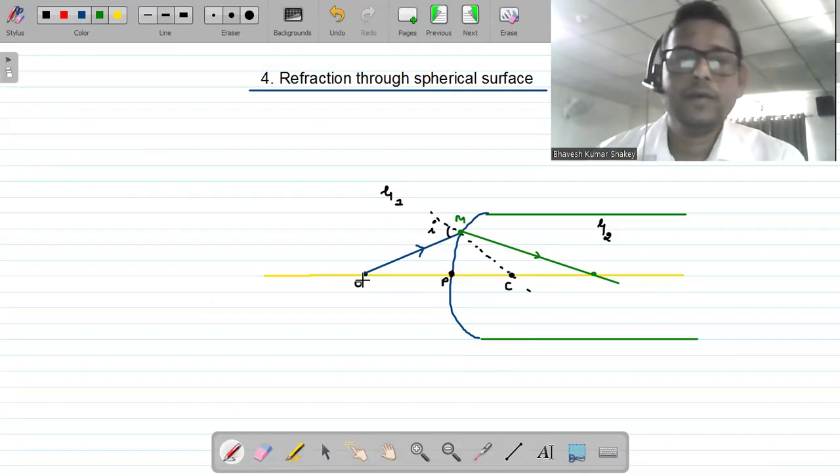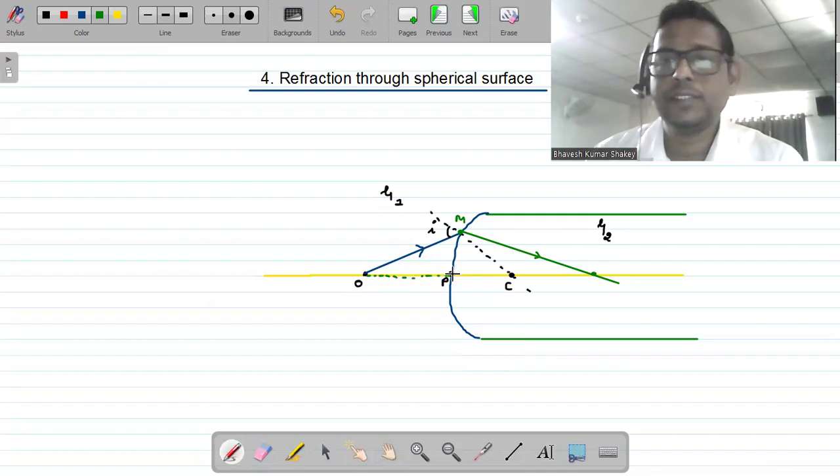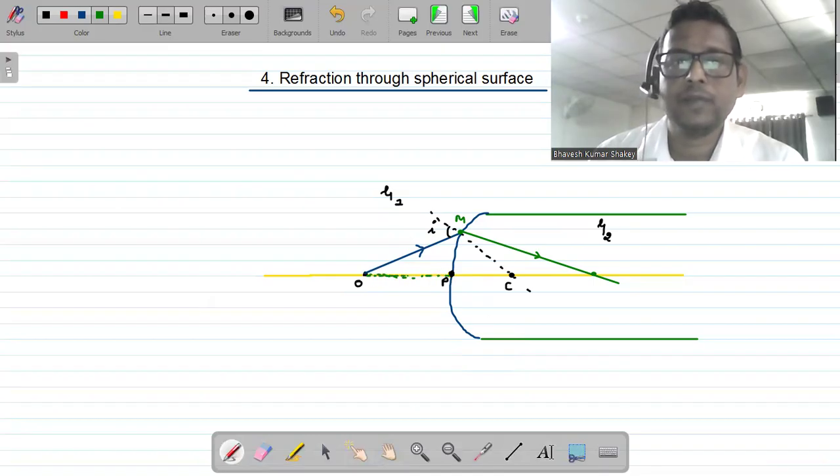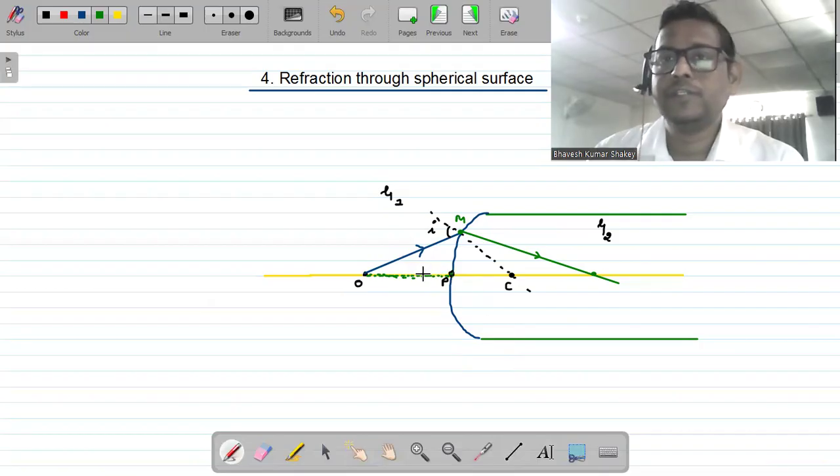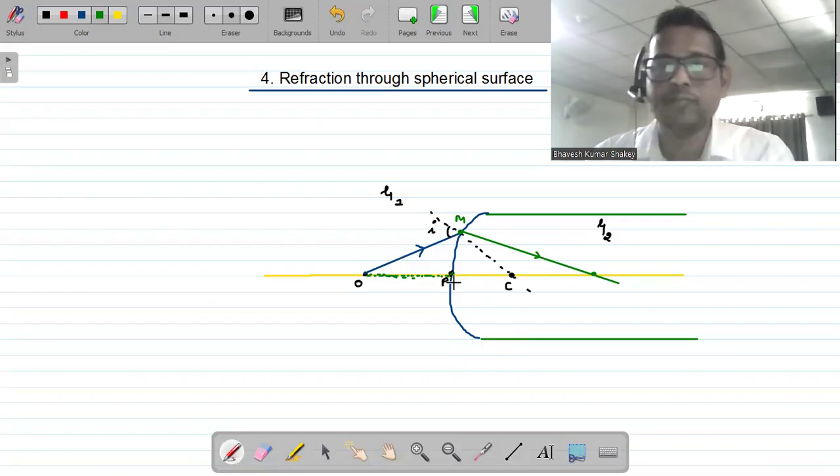Now if I take a light ray which comes like this, incident at the point P, then in this case i becomes zero. The angle of incidence will be zero, and you can understand this if you attended the previous classes.